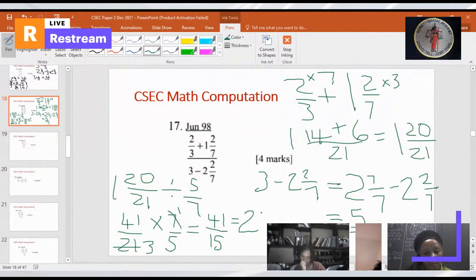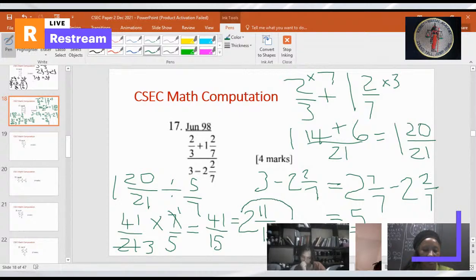That would leave 30, so the remainder is 11. Remember, 11 over 15. And that cannot be reduced. So that's our final answer.